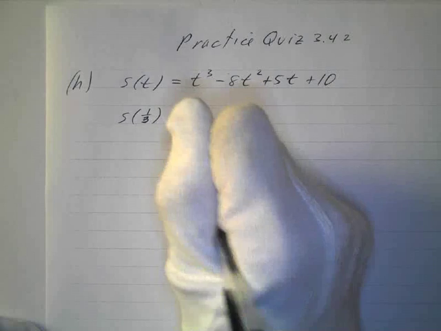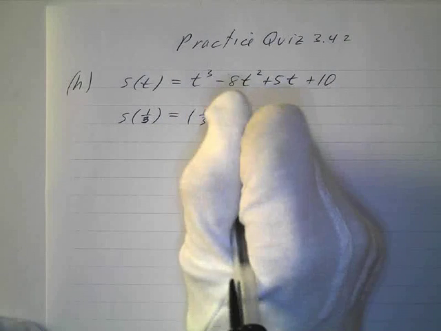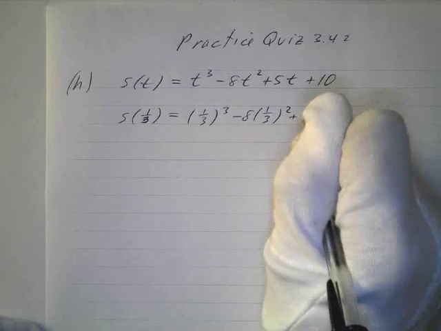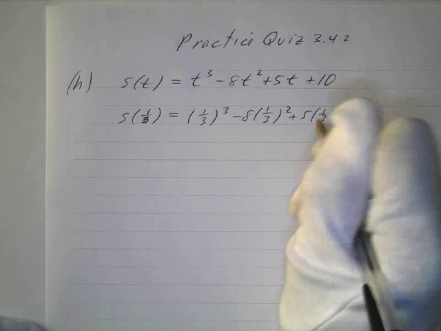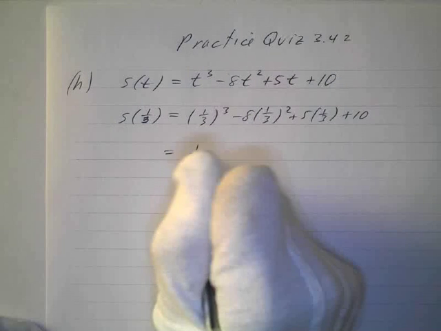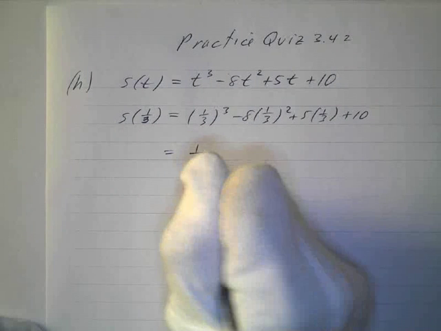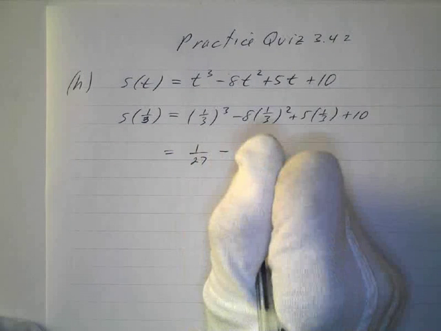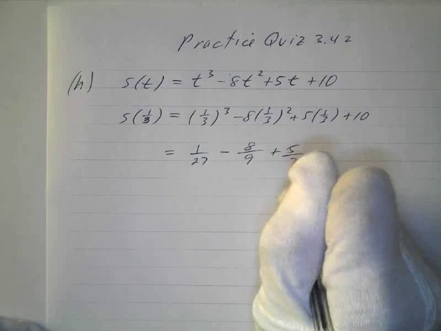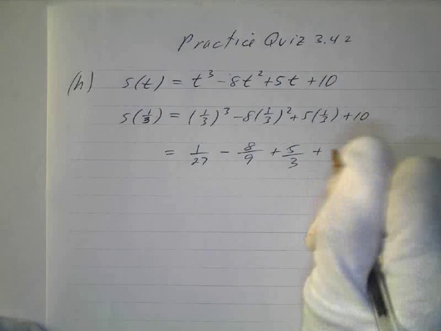Okay, so 1/3 cubed minus 8 times 1/3 squared plus 5 times 1/3 plus 10. That's going to be 1 over 3 cubed, which is 27, minus 8 over 3 squared, which is 9, plus 5 over 3, plus 10.